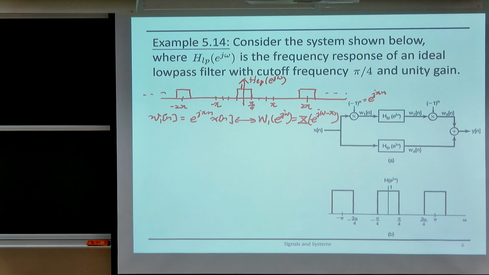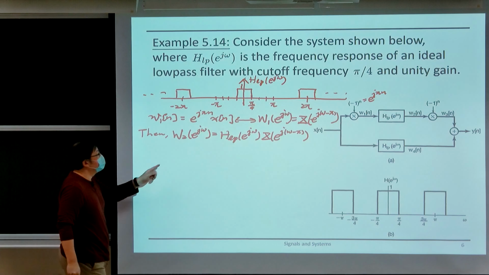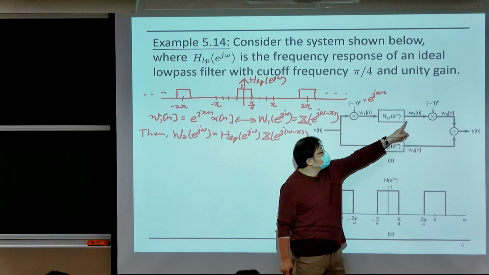This means the output spectrum, the spectrum of W2, should be equal to the frequency response times the input W1, which is X(e^j(ω−π)).